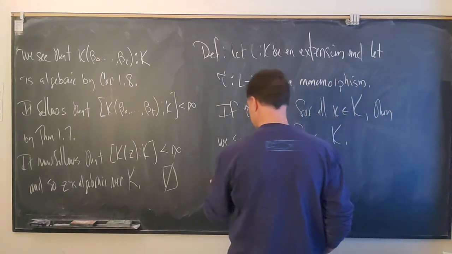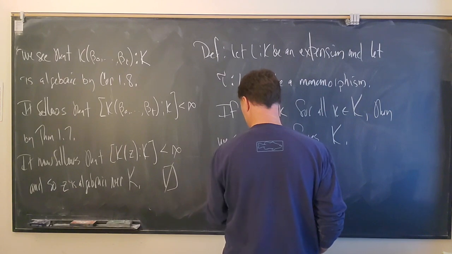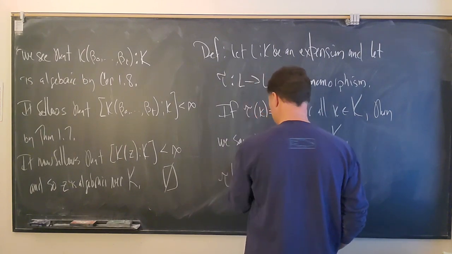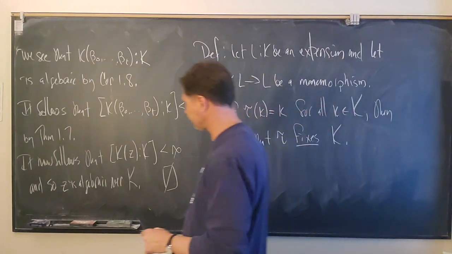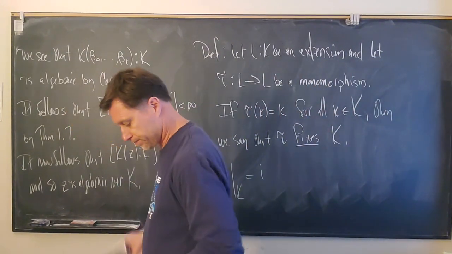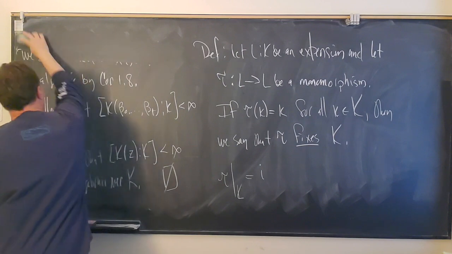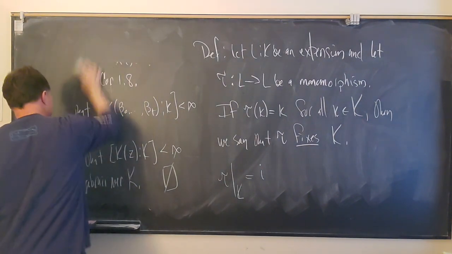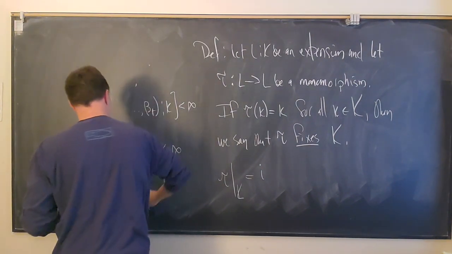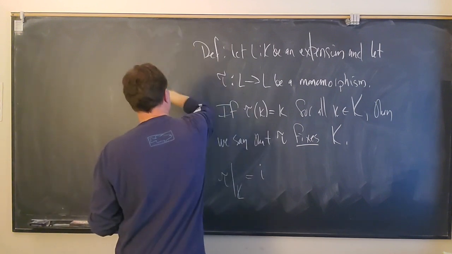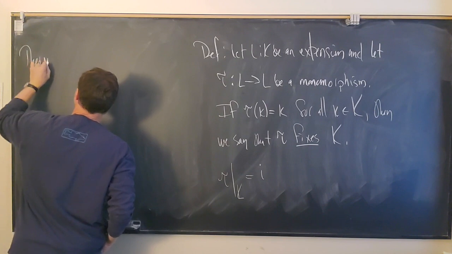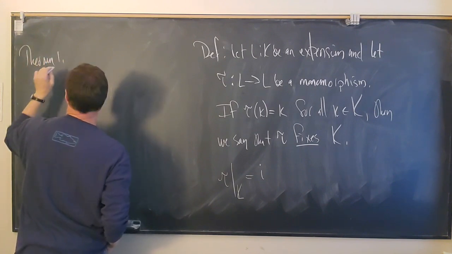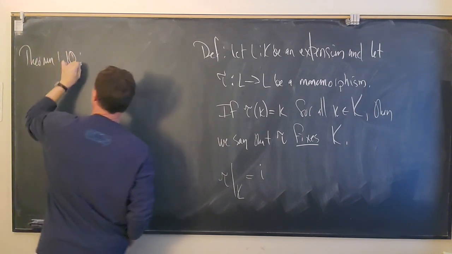Another way to think of this is that tau restricted to K equals the identity map. So where did this monomorphism business come from? We'll see that this is extremely important. In fact, our next theorem is going to be a result involving this concept.